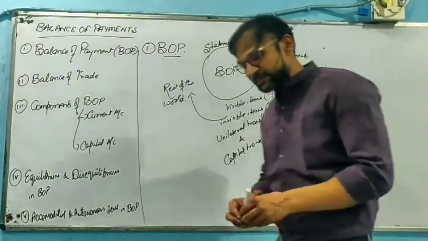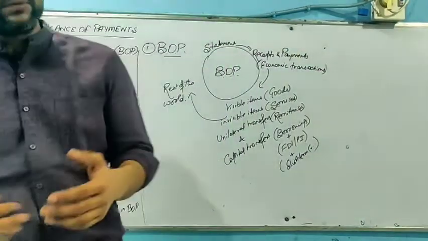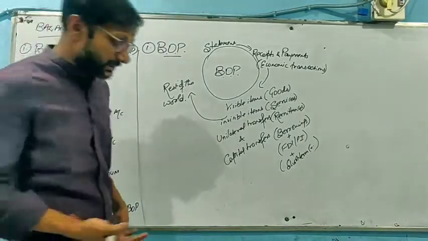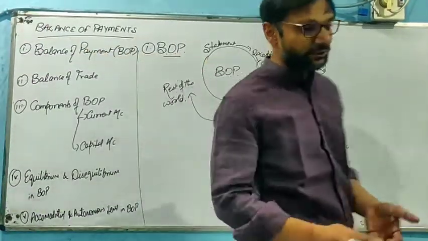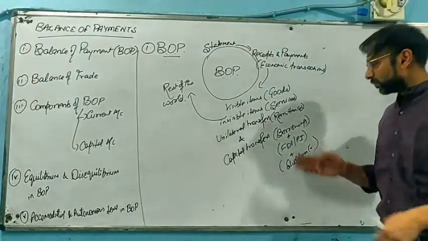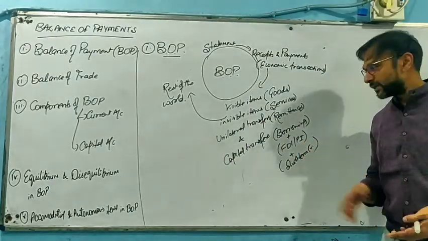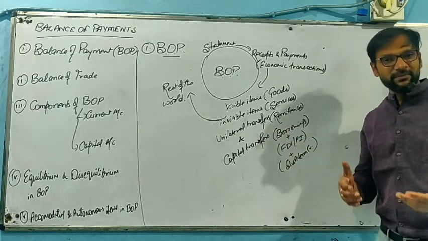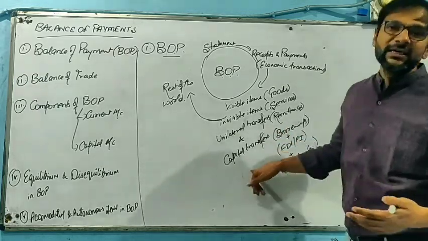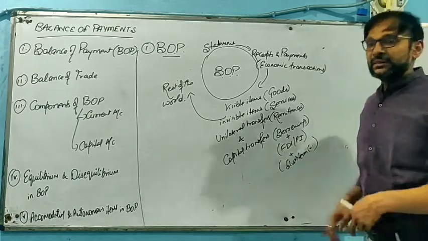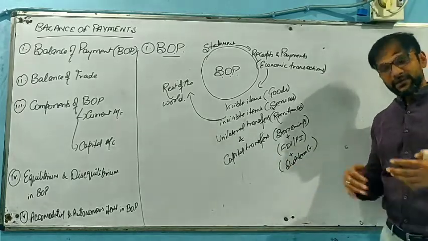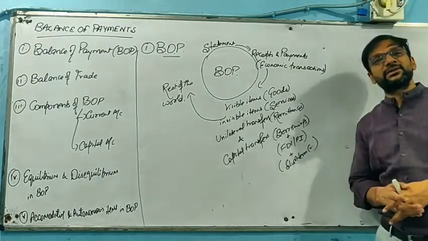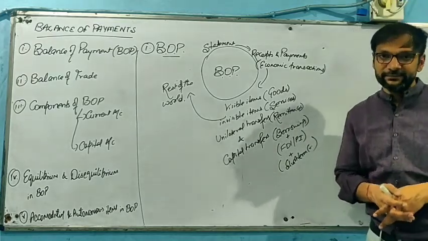Capital transfers are basically concerned with getting ownership of one country's land, or investing in the shares and securities of another country in the form of PI, making an FDI, giving loans to a country. Such receipts and payments will be termed as capital transfers. It may also happen that if we are giving a loan to some other country, it will be an asset to our own country, India.